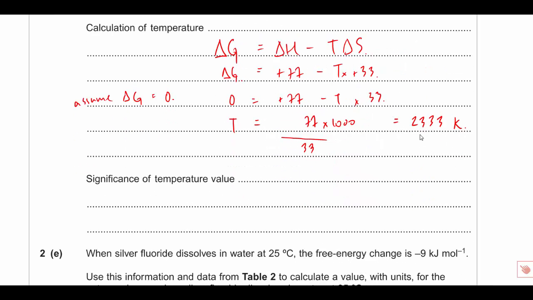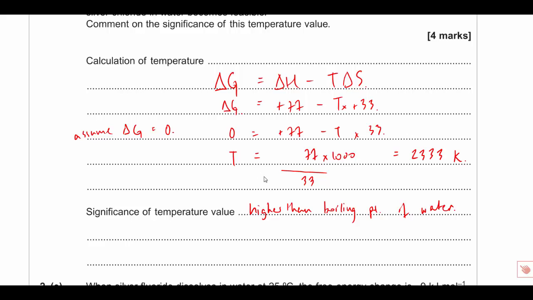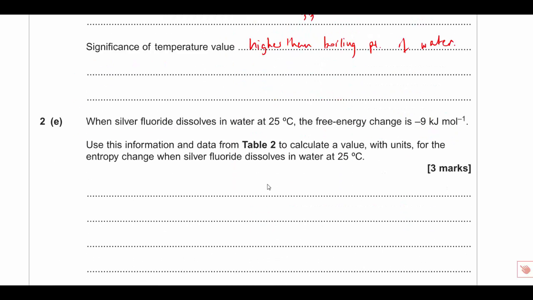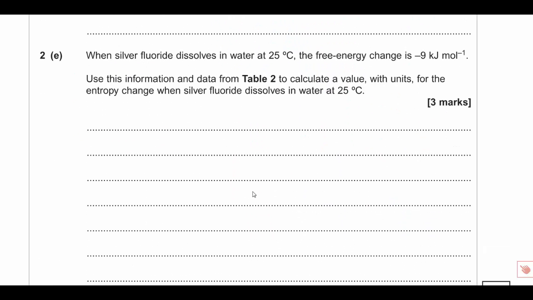Now 2,333 Kelvin is a little high, and it's actually higher than the boiling point of water. So actually it's really not going to work. So it's higher than the boiling point of the water. So another comment, suggest again, similar thing, using your brain a little bit.